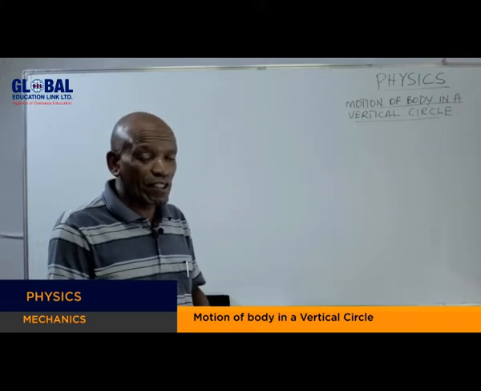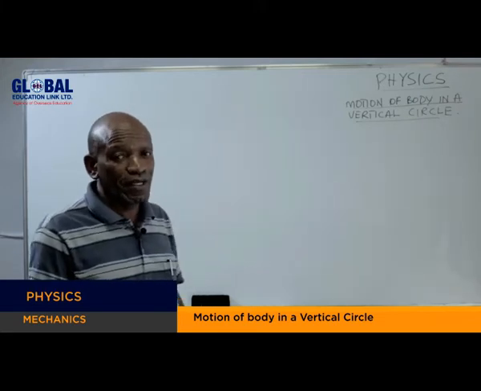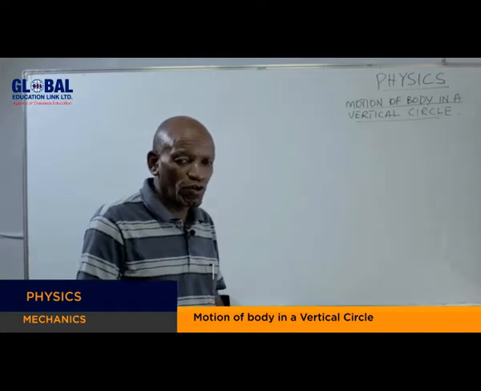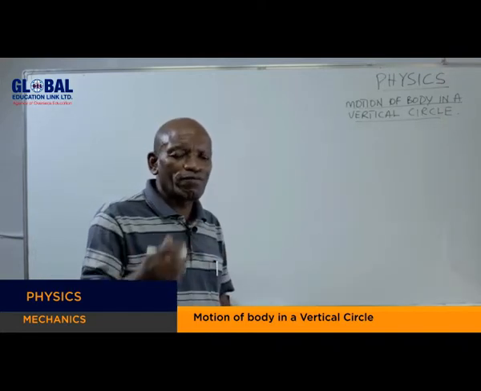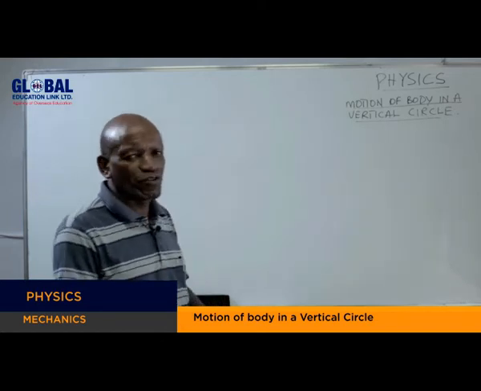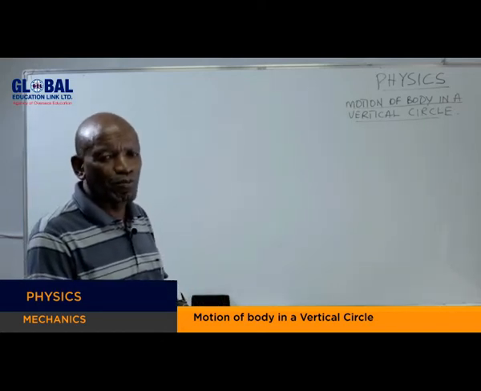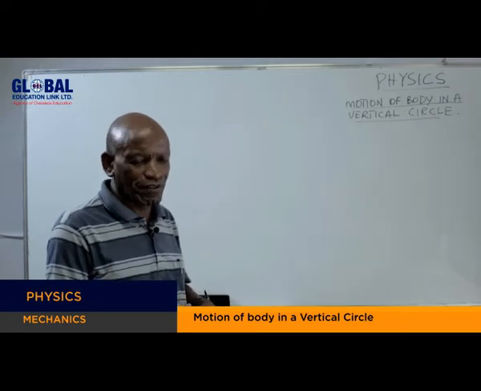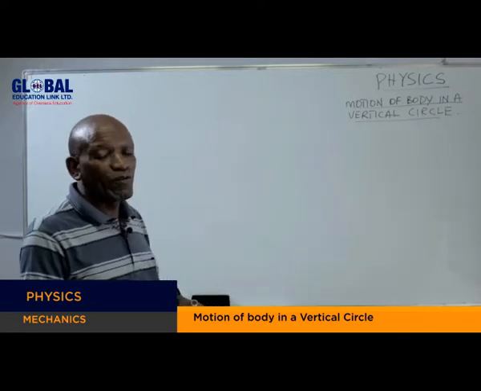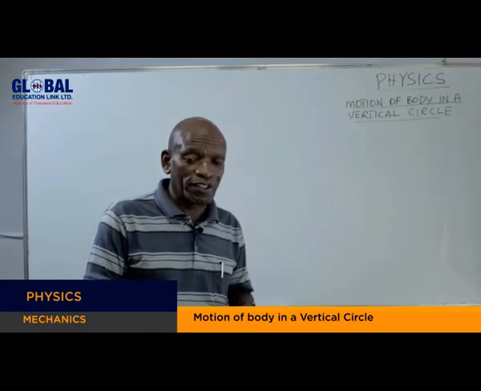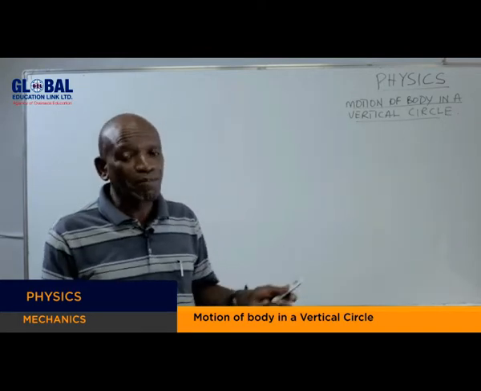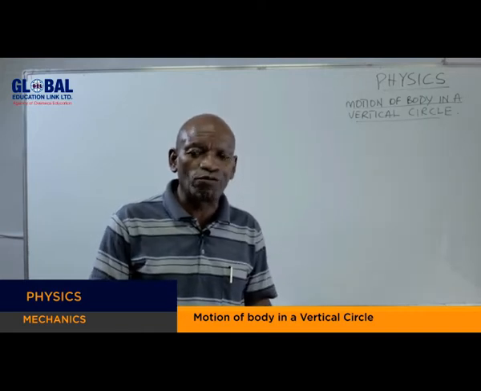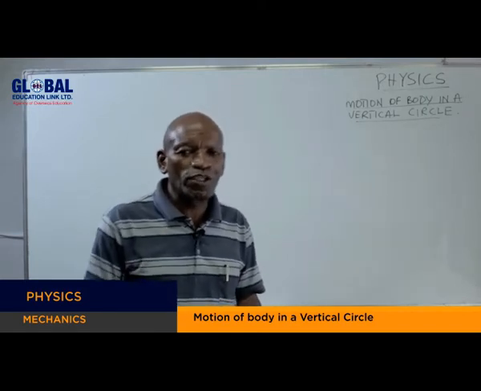With a body moving in a vertical circle, there are variations which we are just going to look at briefly, of which I know you have already learned about this. And with this kind of motion, there are so many applications of vertical circular motion of a body.